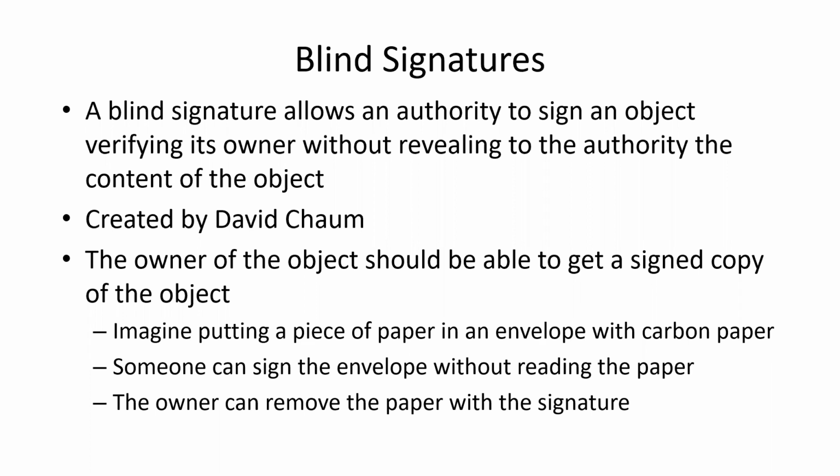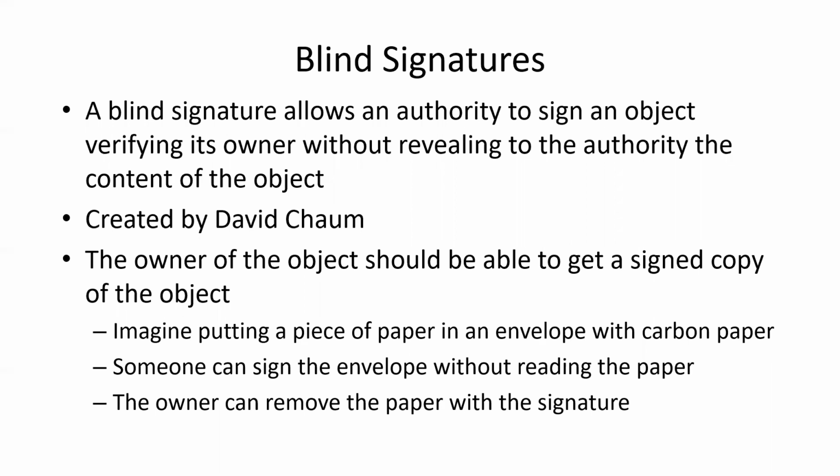Blind signatures allow us to sign something or seal it so others can't see it. They can see that it's signed, and then they can sign it. So we can have some information, and I can sign it without having to reveal what it is.